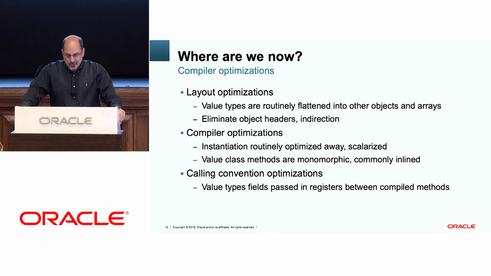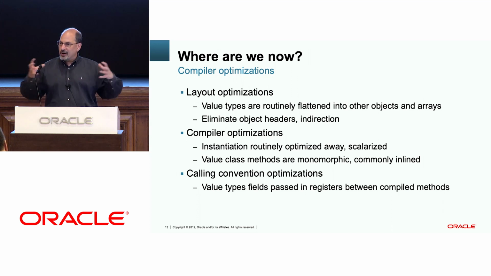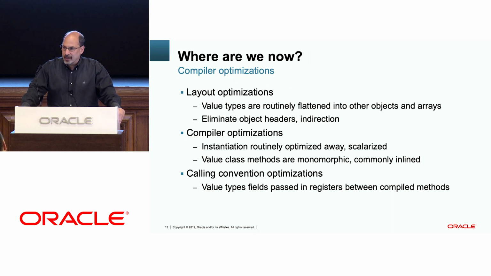Instantiation of value types is routinely optimized away and scalarized into fields. Value classes are known by the VM to be monomorphic, so we get good method dispatch performance. And we have calling convention optimizations where values are routinely scalarized and passed as fields between methods, even if they're not inlined all the way through. So a lot of work has been done on the VM optimization side.